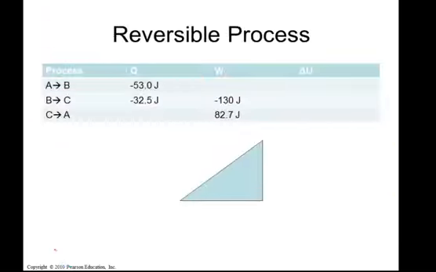All right, so in this case, I have a reversible process, and this is A, this is B, and this is C. So in the first process, to go from A to B, it tells me the amount of heat that's associated with this. Here's our pressure, and here's our volume.